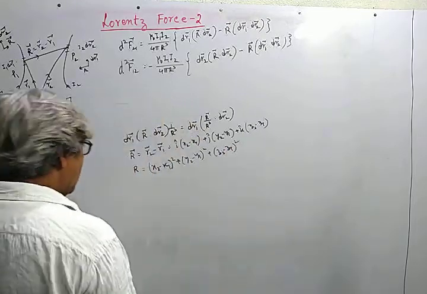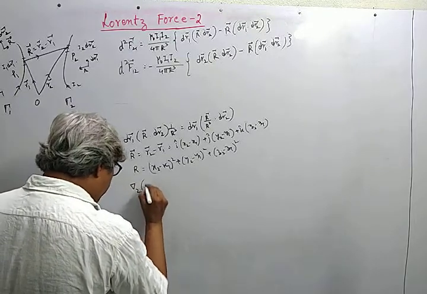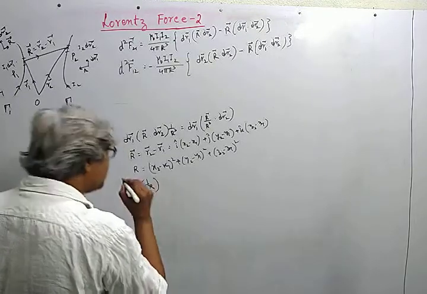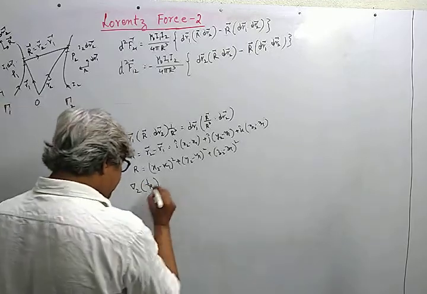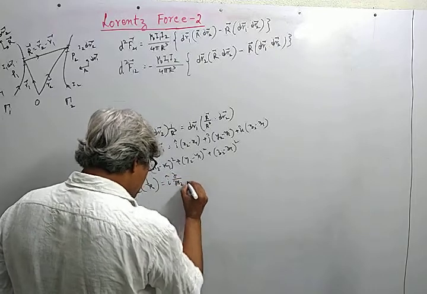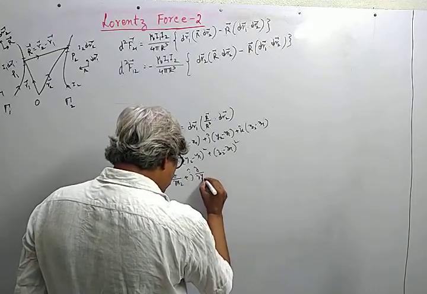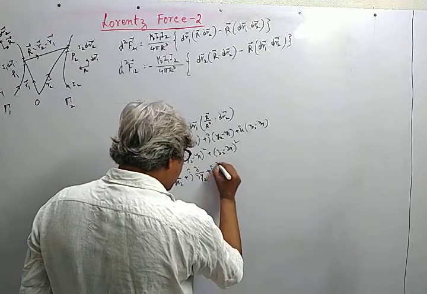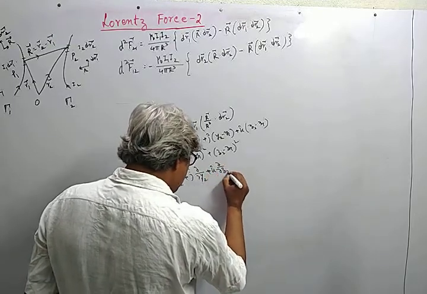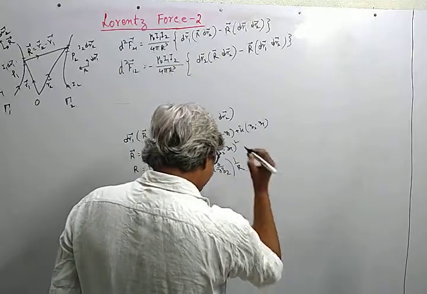So what is the divergence 2 of 1 by r? By divergence 2 we mean i cap del by del x2 plus j cap del by del y2 plus k cap del by del z2 operating on 1 by r.